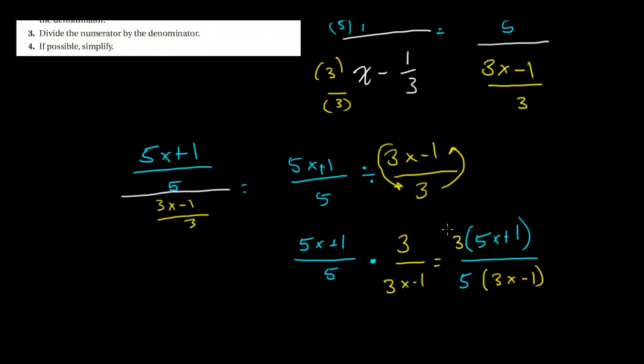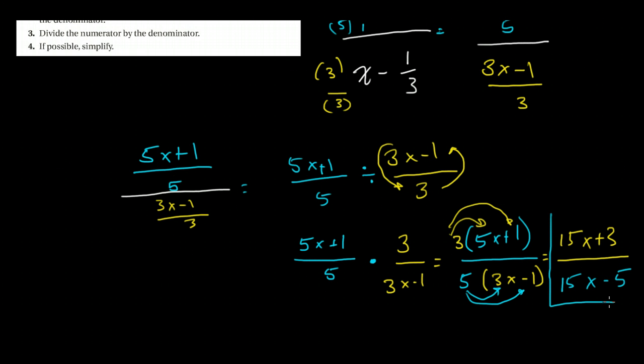And so we'll distribute there, and we will get 15x plus 3 over the distribution of that to that, which would be 15x minus 5. And remember, you cannot simplify terms, you can only simplify factors, so that 15x and that 15x stay exactly as they are. So that's your answer.